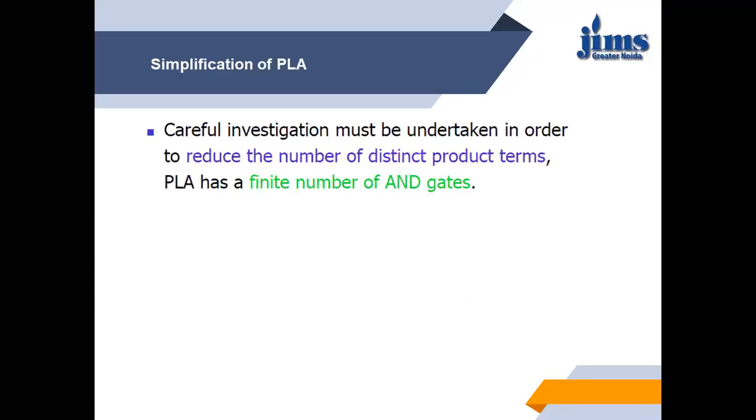Now, how is the simplification of a PLA done? Careful investigation must be undertaken in order to reduce the number of distinct product terms. A PLA has a finite number of AND gates. PLAs are commercially available in the market, so they have a limited number of AND gates and a limited number of outputs.